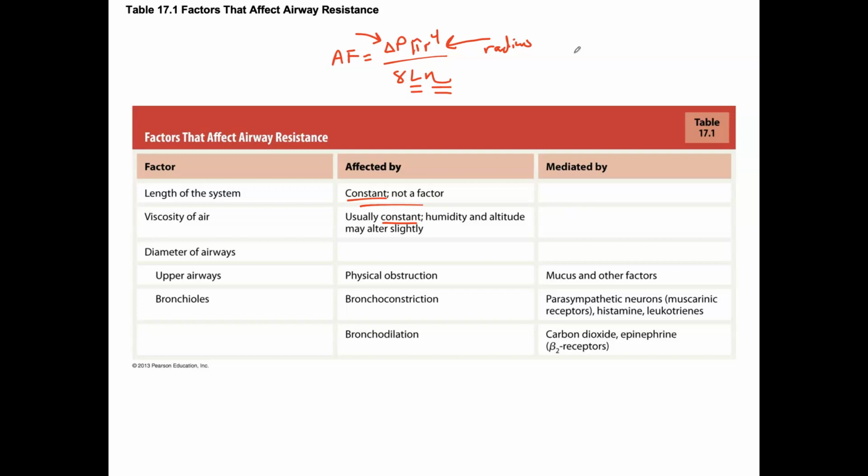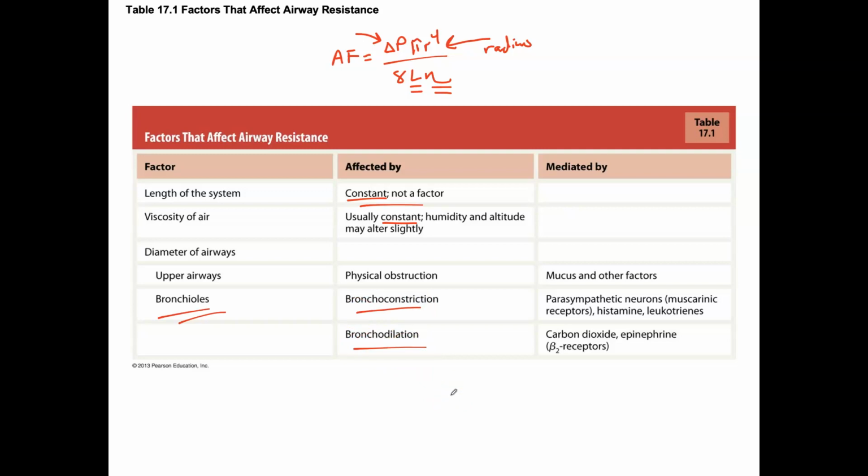About 90% of airway resistance is typically in spaces like the trachea and the bronchi, which their diameters don't change typically, and that's because of bone and cartilage keeping those structures open. And so we have to focus then on the bronchial tubing as a means of talking about airway resistance. So the bronchioles are going to affect airway resistance if you have bronchoconstriction or bronchodilation.